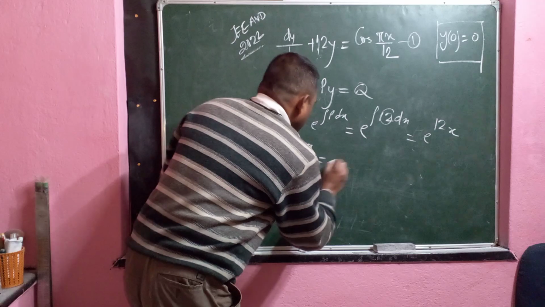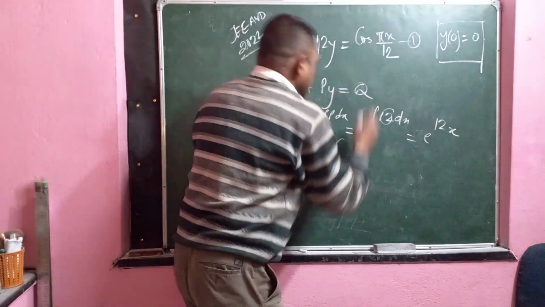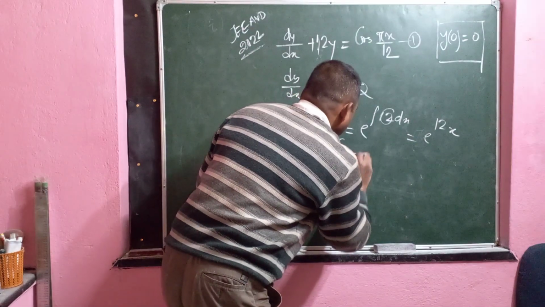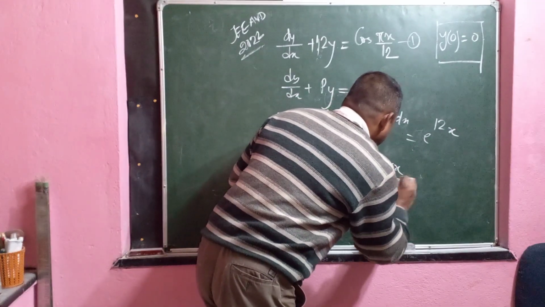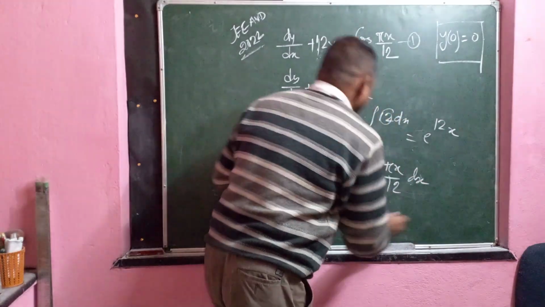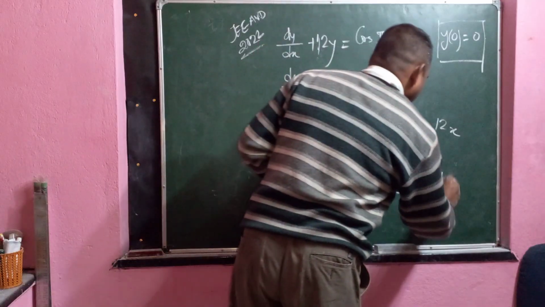I'm doing the integration of Q. Q is this, so e to the power 12x cos(pi x by 12) dx plus c.